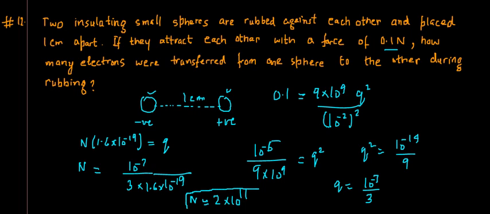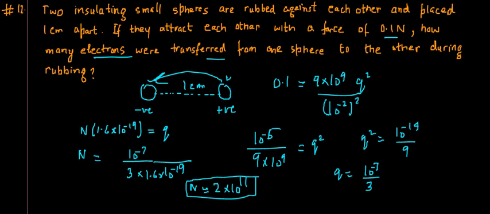Okay, this is the number of electrons that were transferred from one sphere to the other during rubbing. Now from the right sphere, the electrons, I have taken this as positive, so the 2 into 10 to the power of 11 electrons were transferred from the right sphere to the left sphere.